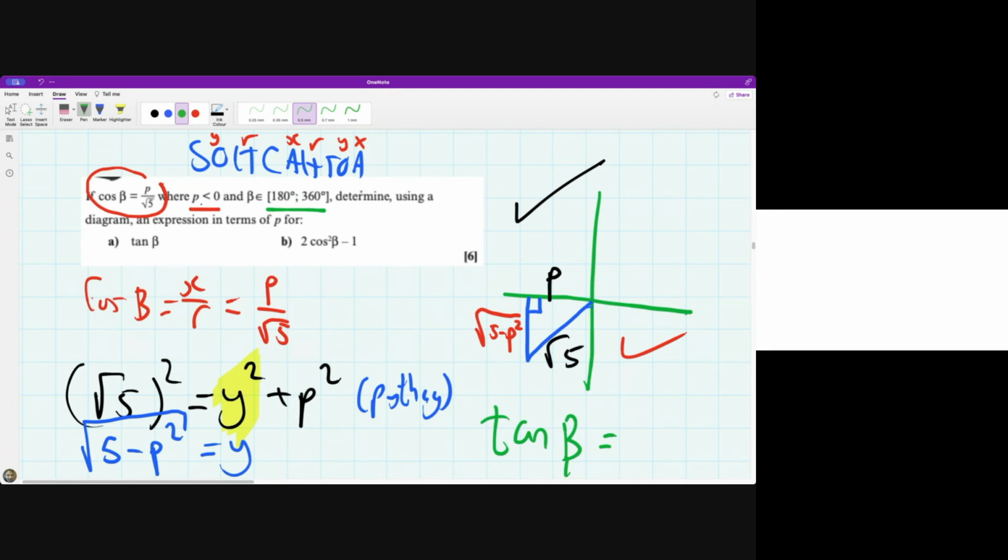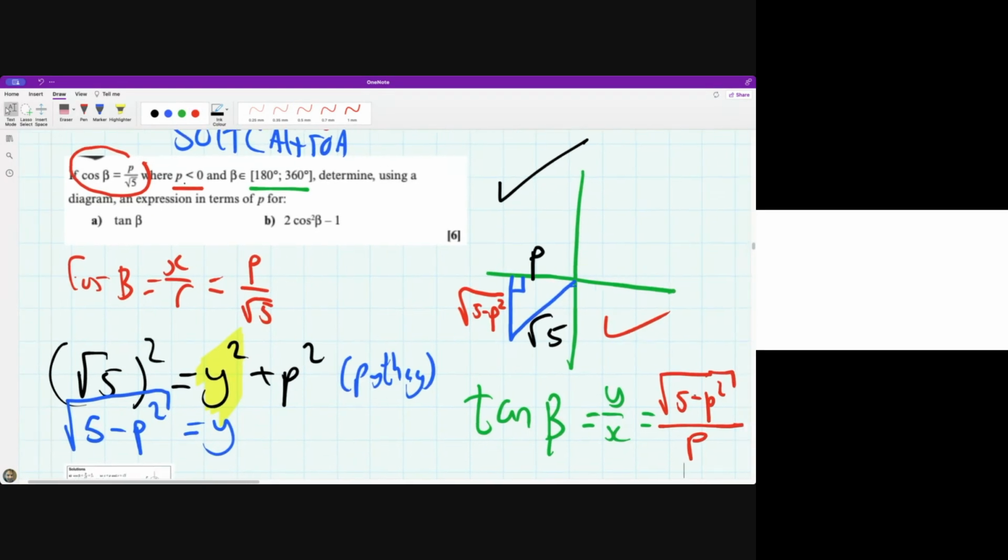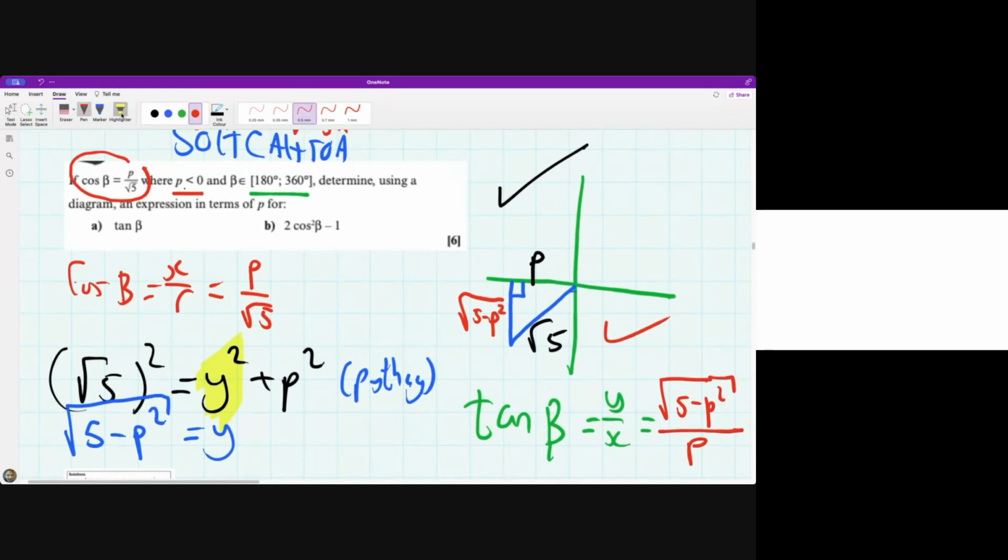Remember, tan is y over x. So if that's y over x, what does this need to be? Okay, it's a bit of a mouthful. The top bit is going to be the square root of 5 minus p squared. And on the bottom, I'm going to have p.